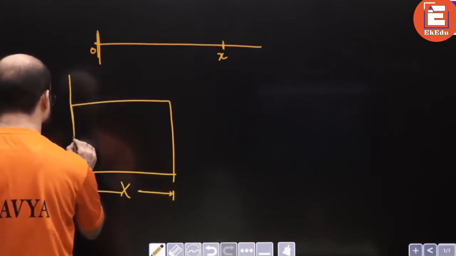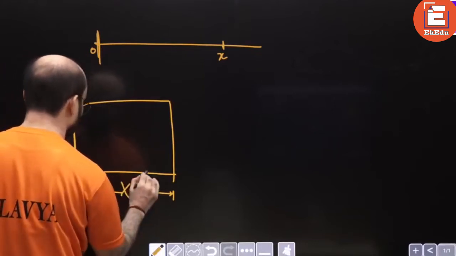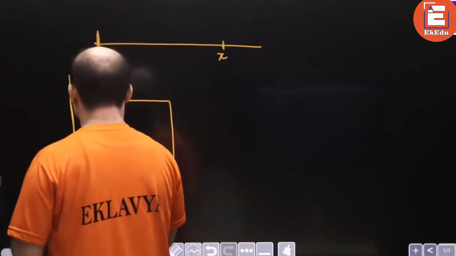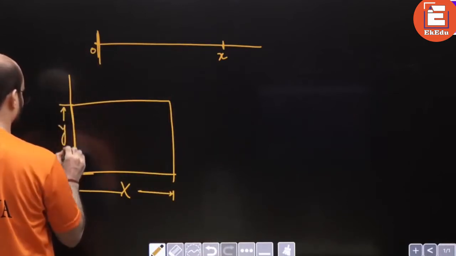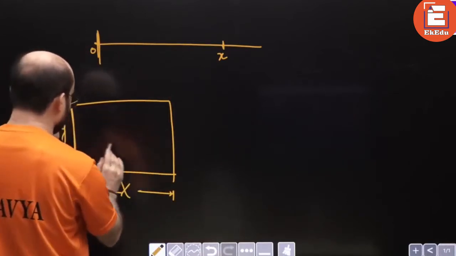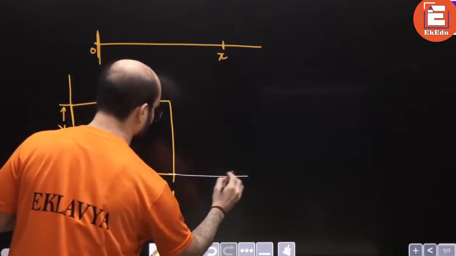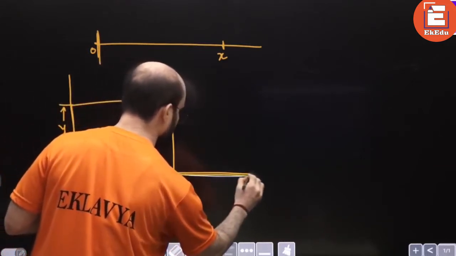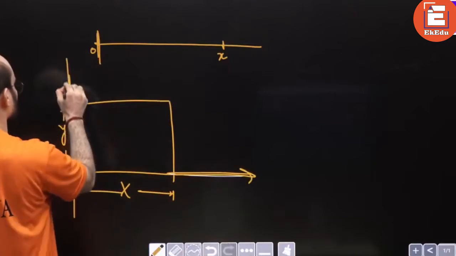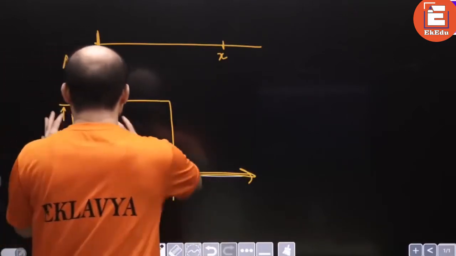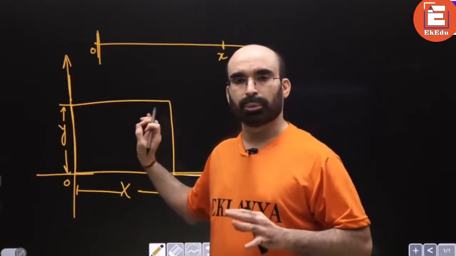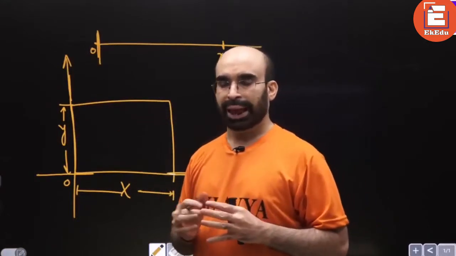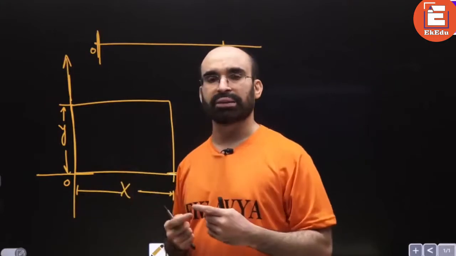Suppose this is the origin, this is the plane, and this is y, right? So you can see these are the two axes. This is a plane, right? In this plane, you are considering the motion.